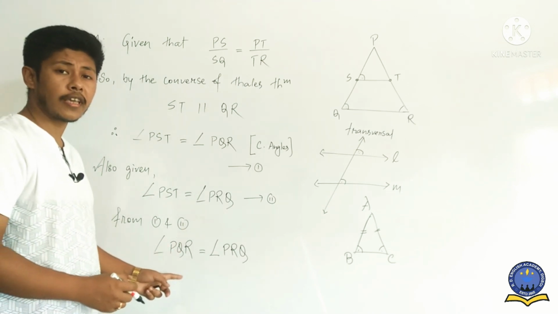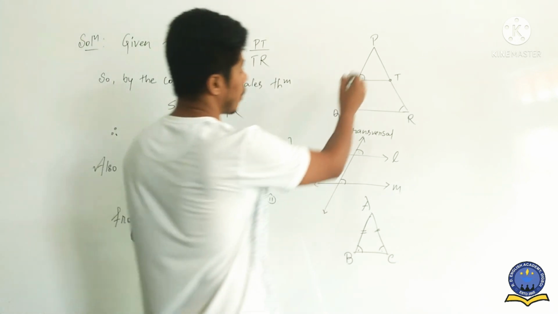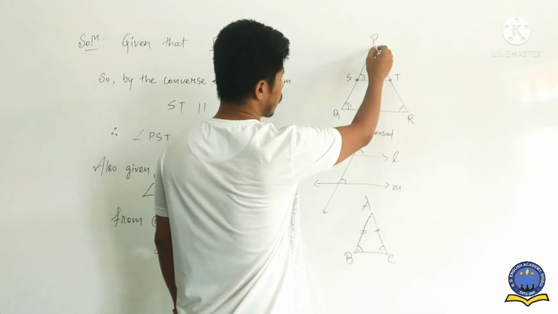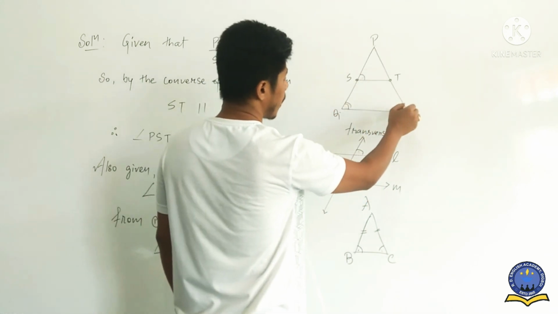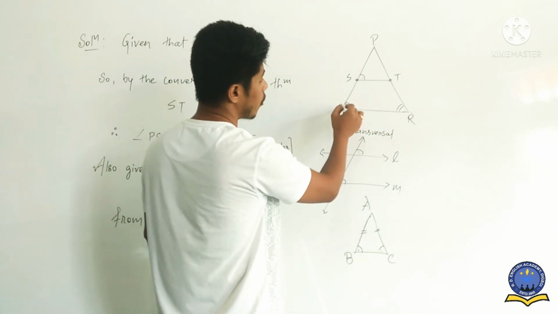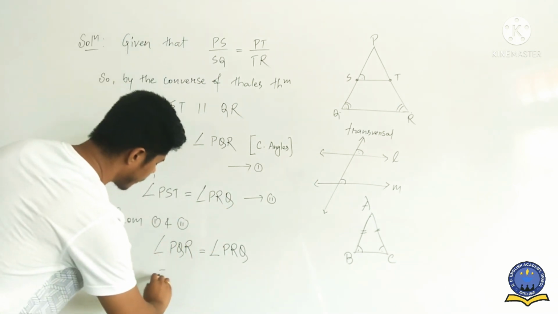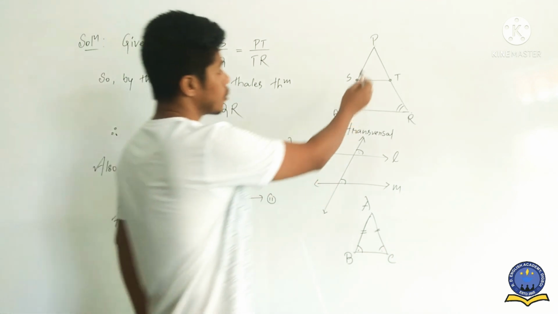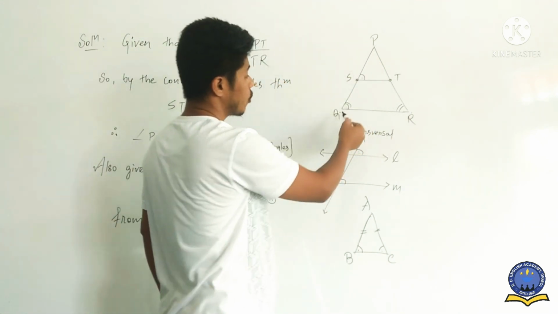So the same condition we apply here. PQR and PRQ. Which one is PQR? That means this angle. And which one is PRQ? That means this angle. So if PQR is equal to PRQ, then for PQR the opposite side is PR, and for PRQ the opposite side is PQ.